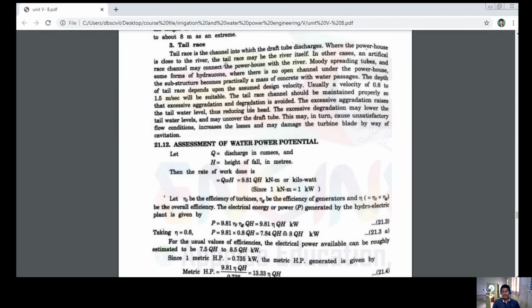In other cases, an artificial race channel may connect the powerhouse with the river. With Moody spreading tubes and some forms of hydrocone, where there is no open channel under the powerhouse, the substructure becomes practically a mass of concrete with water passages.